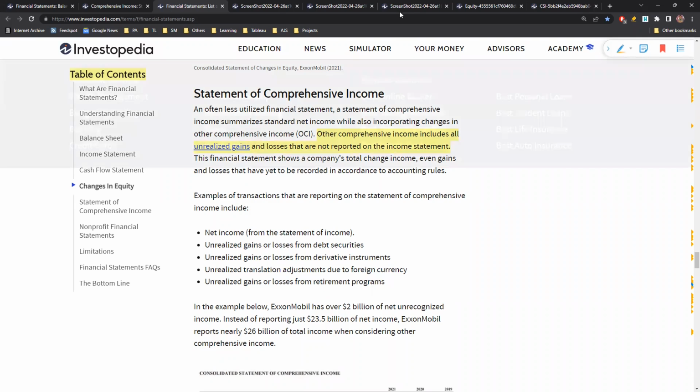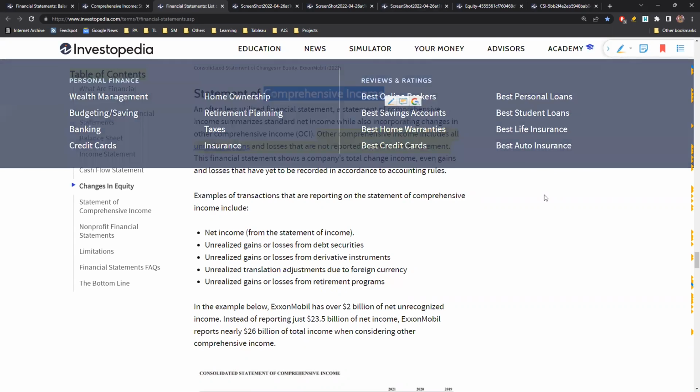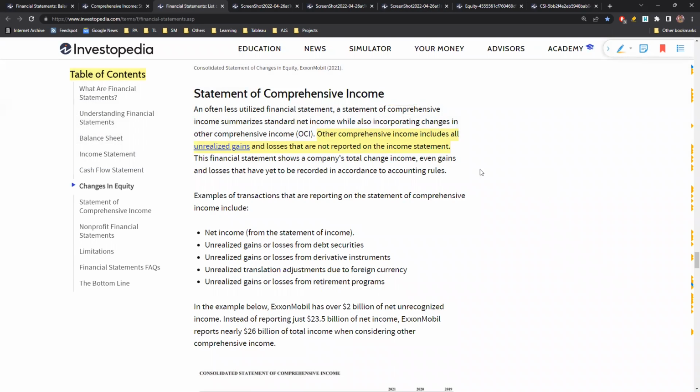So in the income statement, these unrealized gains are not reported, and typically that is where comprehensive income comes into the picture. It will take the net income that was provided in the income statement, and also add any other unrealized gains that the company has in that particular period, and show them all put together in one single place.